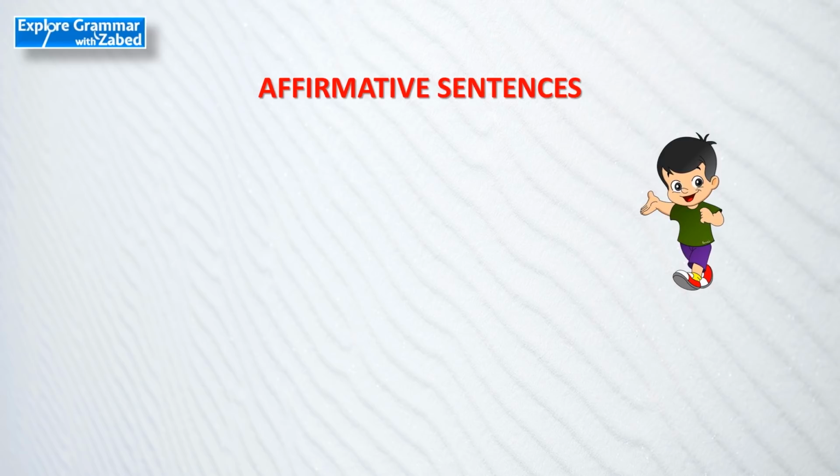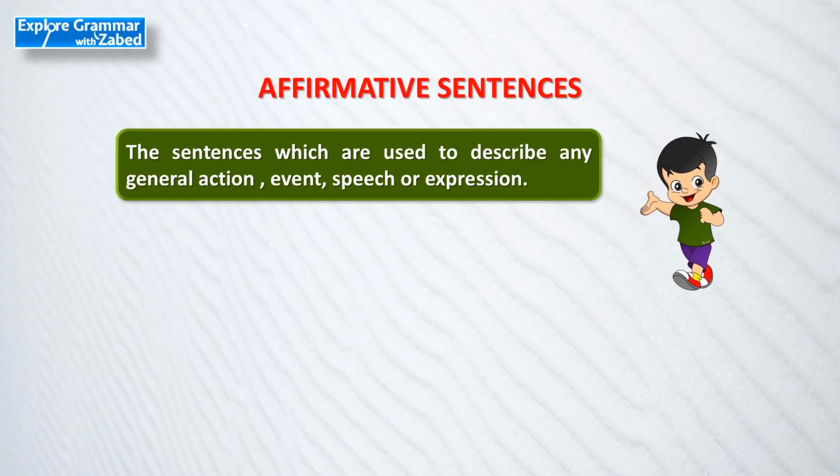Before going to the rules, let's try to know what are affirmative and negative sentences. Affirmative sentences. The sentences which are used to describe any general action, event, speech, or expression are known as affirmative sentences.